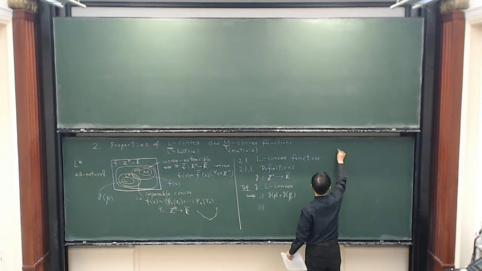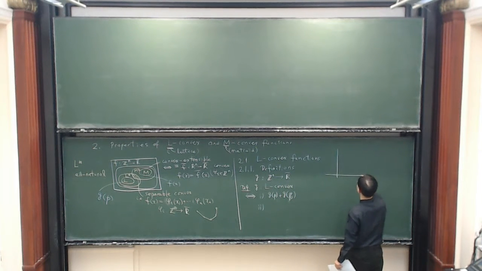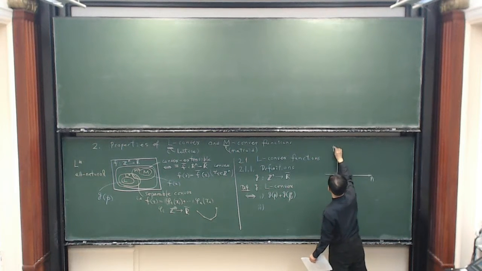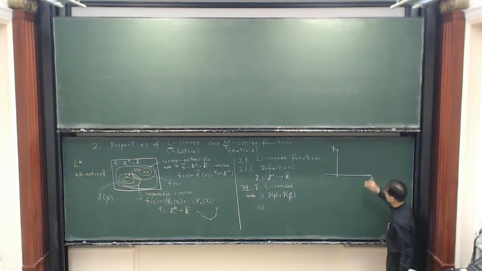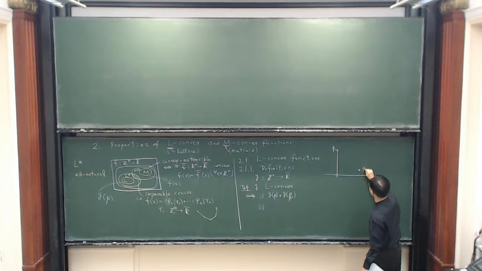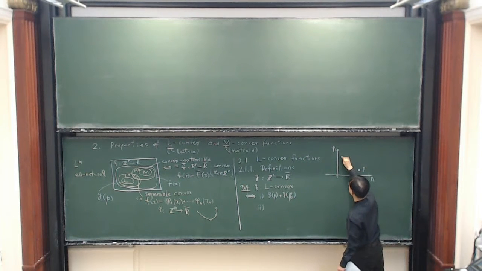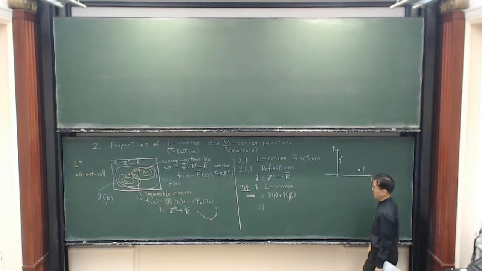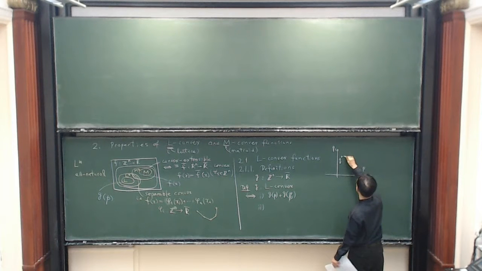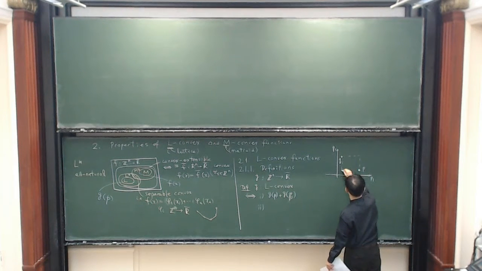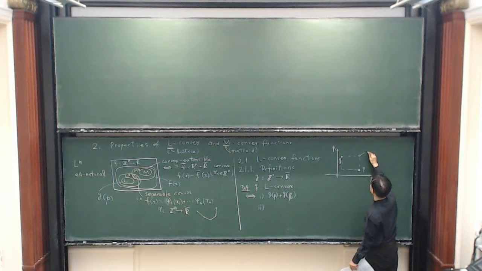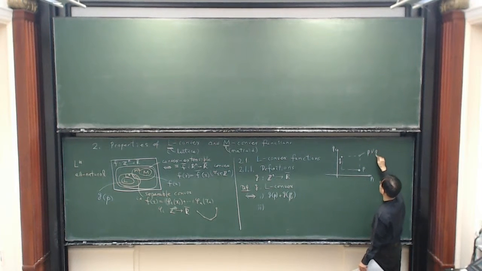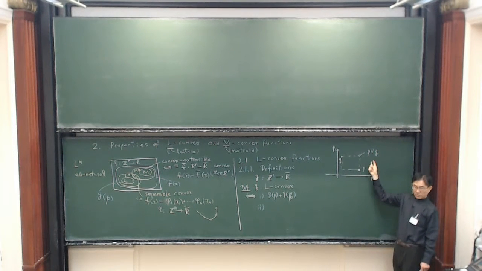If you have, in 2 dimensions, p1 and p2, you consider 2 points, say p and q, and you look at the maximum. This is denoted like this. This is a vector of component-wise maximum.